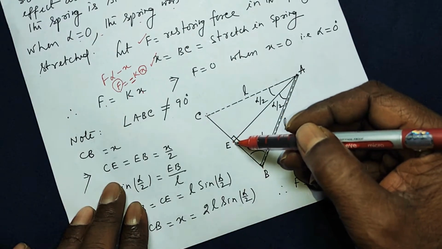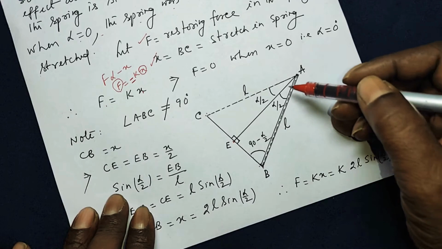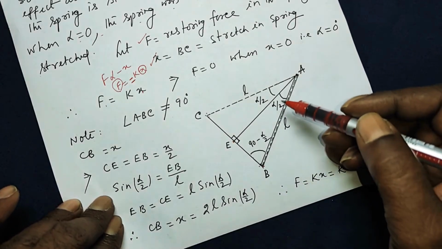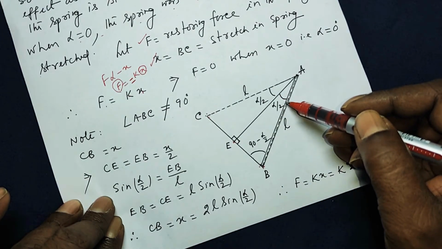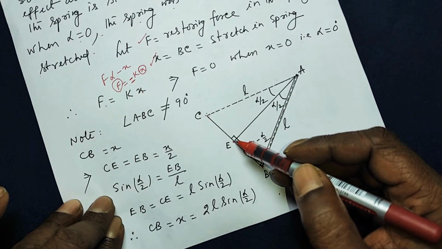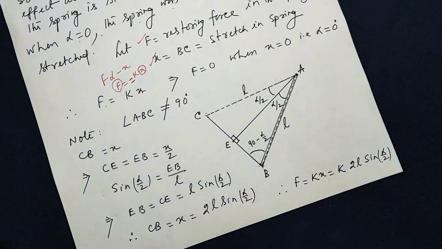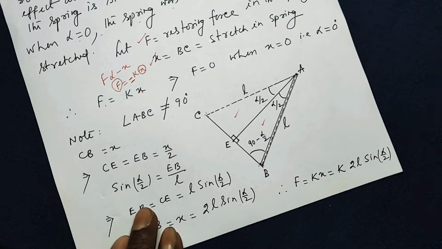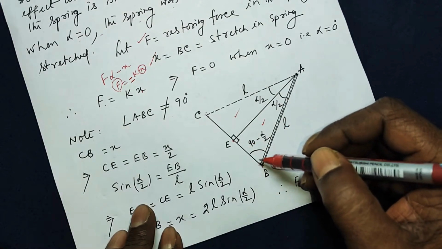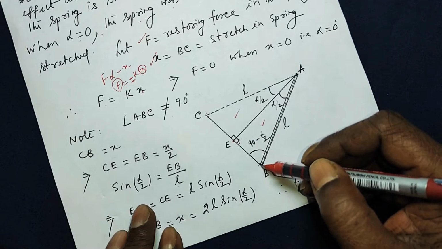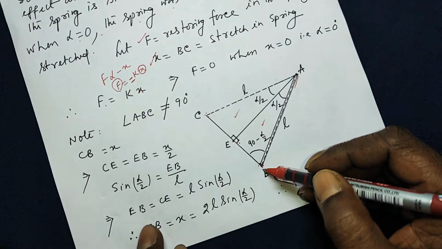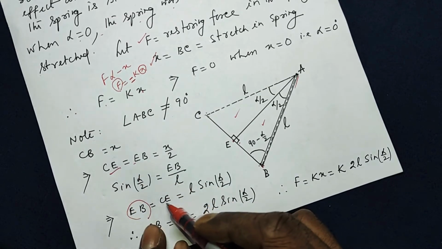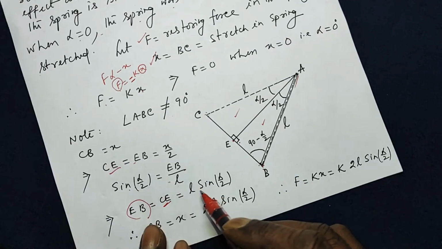And this angle CAB, which was earlier alpha, is now divided into two equal angles, alpha by 2 and alpha by 2, because this is the perpendicular bisector. So in either triangle, sine alpha by 2 will be EB over the hypotenuse L. Cross multiplying, EB, which is the same as CE, will be L times sine alpha by 2.